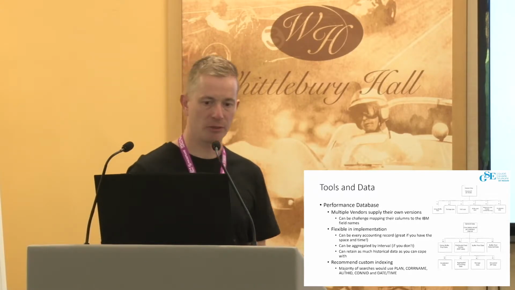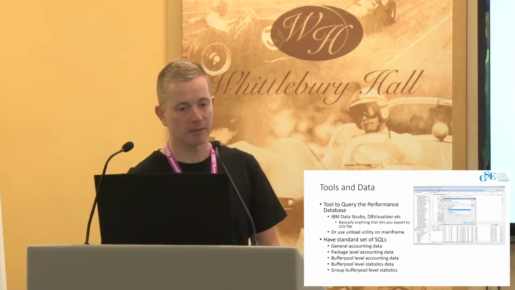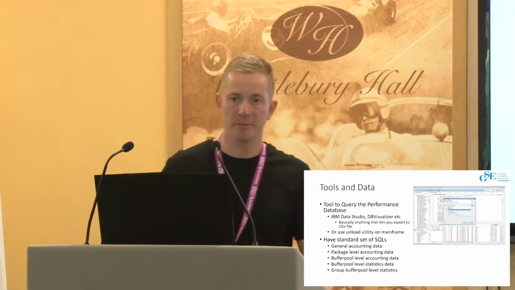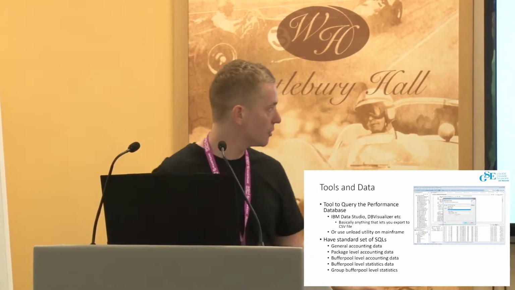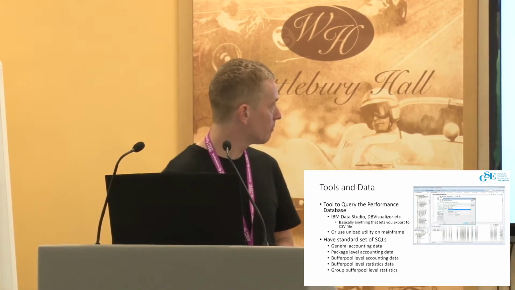So one of the tools in the bag was the performance database. The other one you really need is a tool that you can query your performance database with and get data out in a CSV format easily. Data Studio does it. I've got a little picture of Data Studio there.